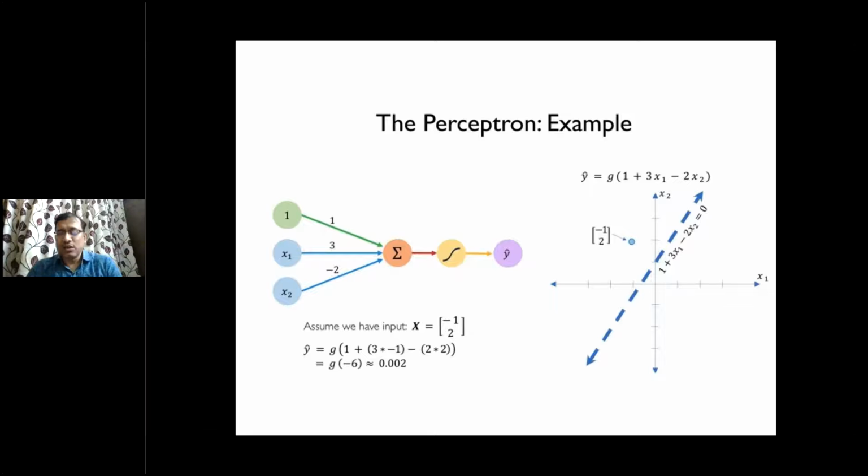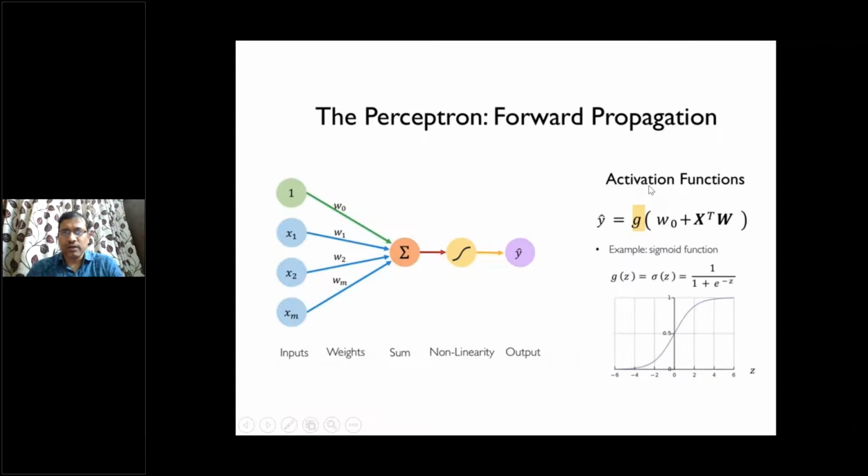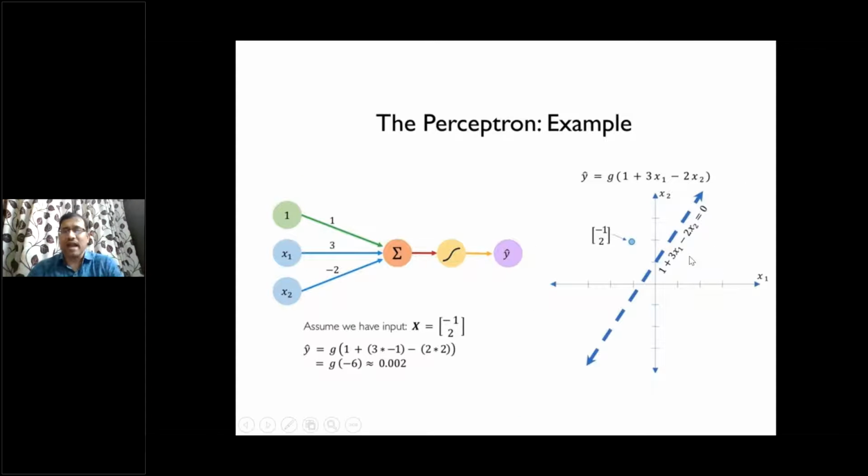Now you can very easily visualize that this particular line is where the equation equals 0. If I put the values of x1 and x2, based on -1 and 2, I get the value -6, and this point is on the other side of the line, where the equation evaluates to less than 0.